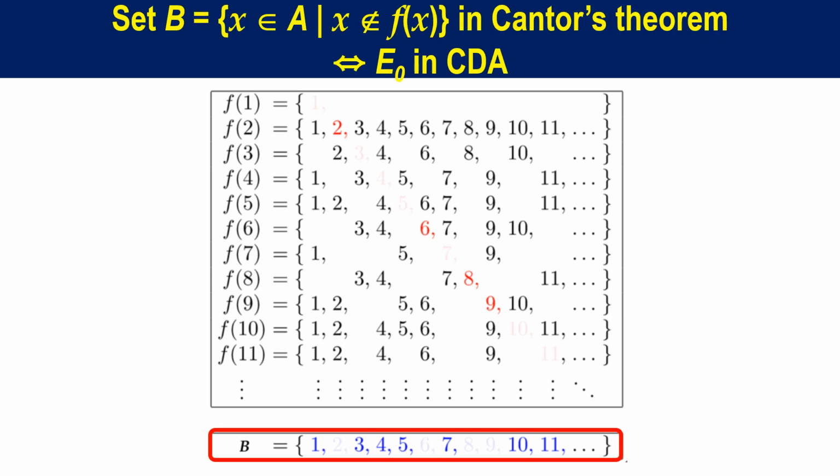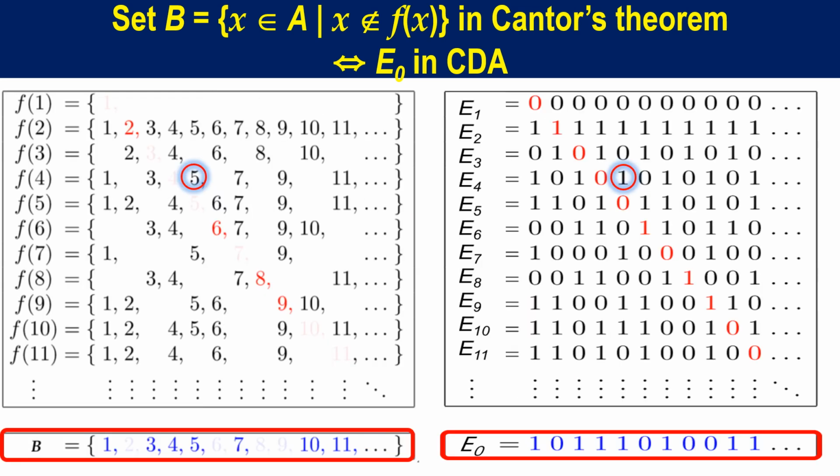Then, you note the similarity between Cantor's diagonal set B in Cantor's theorem and E sub 0 in Cantor's diagonal argument, which can be seen more clearly by changing the presence or absence of each element in the set as 1 or 0.